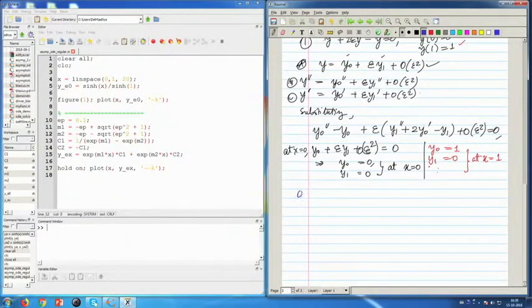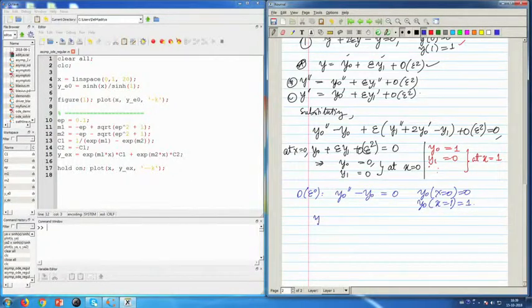And thus, at order epsilon to the power 0, we have y0 double dash minus y0 is equal to 0, which is subjected to y0 equal to 0 at x equal to 0, and y0 at x equal to 1 equal to 1. The solution for this is exactly what we had obtained earlier.